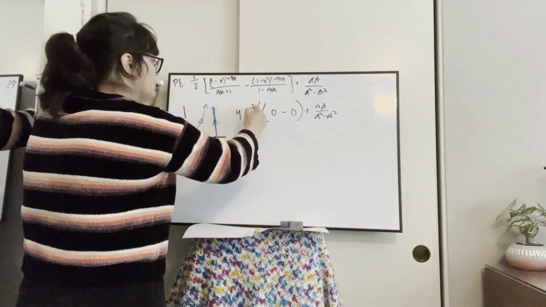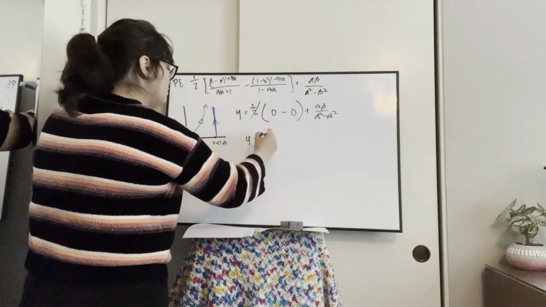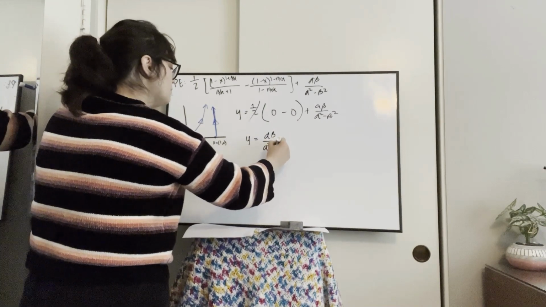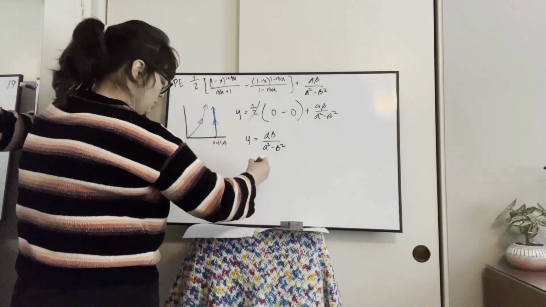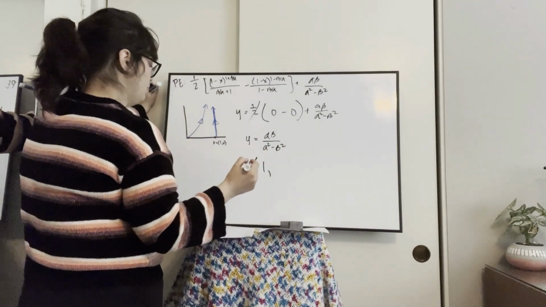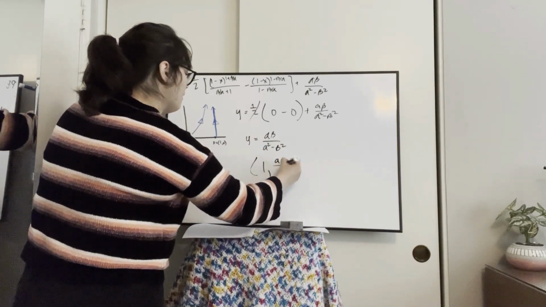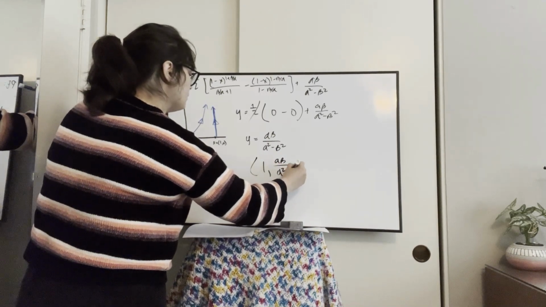This 1/2 is also going to cancel out, so we know that y is going to be equal to alpha beta over alpha squared minus beta squared. So the point of interception is going to be at the point 1, because that's what we use for x, and then at the y value, alpha beta over alpha squared minus beta squared.